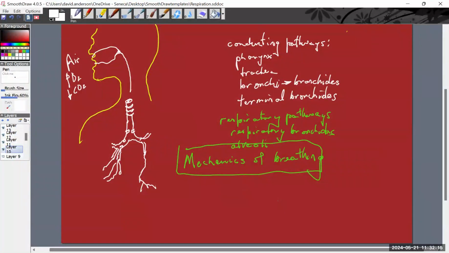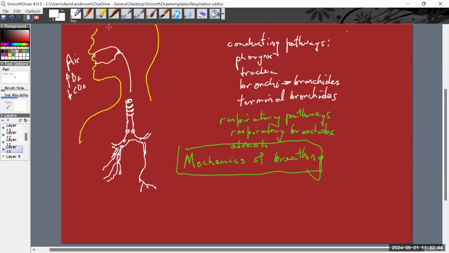And then as we get into smaller bronchi and bronchioles, eventually the cartilage is going to be replaced with smooth muscle, and the smooth muscle can respond to the autonomic nervous system to dilate or constrict, which will help regulate airflow into the segments below those levels, which represent the terminal bronchioles, respiratory bronchioles, and then the alveoli.